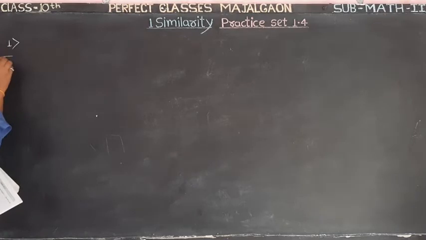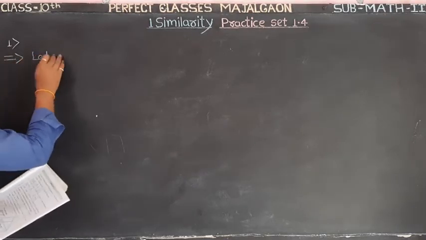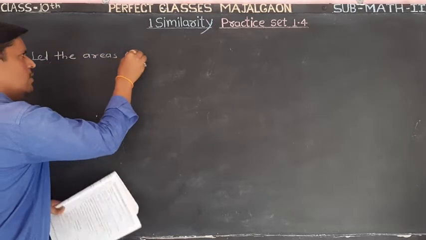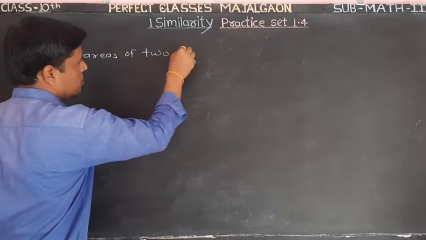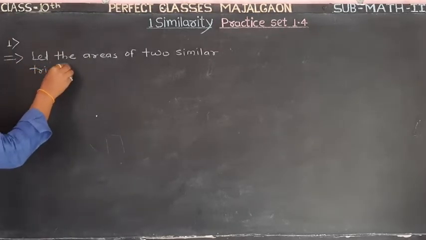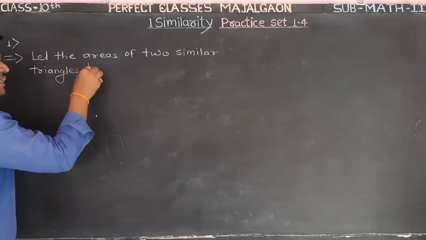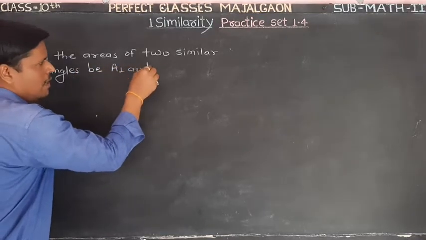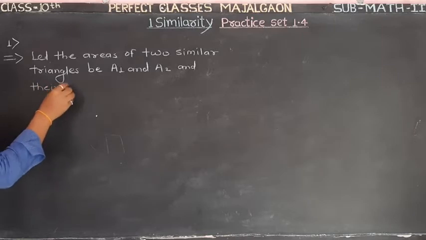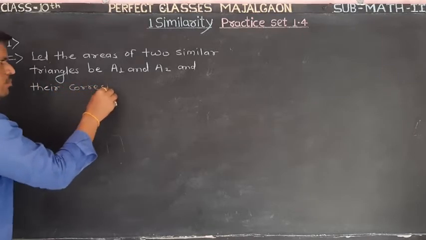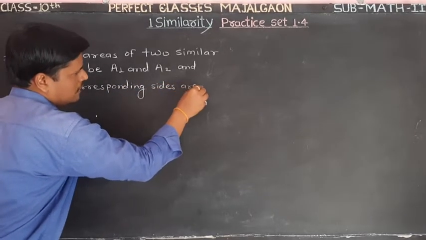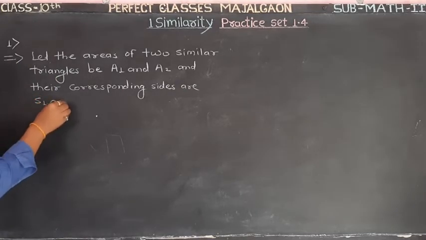Let the areas of two similar triangles be A1 and A2, and their corresponding sides be S1 and S2.